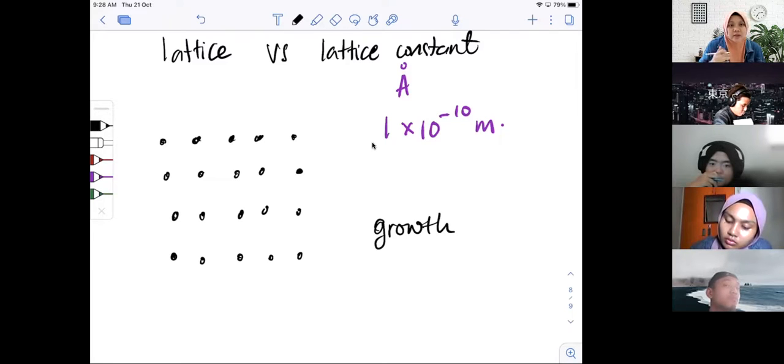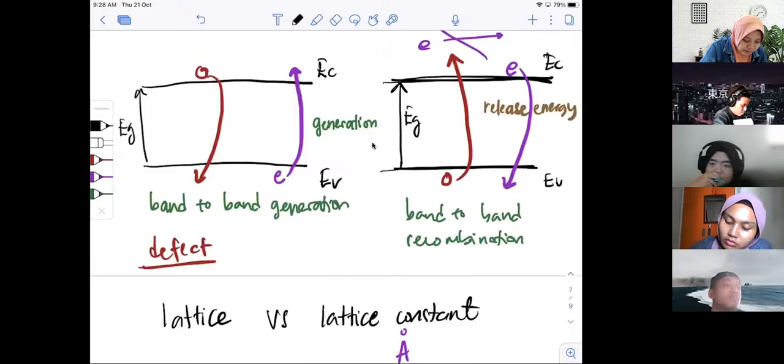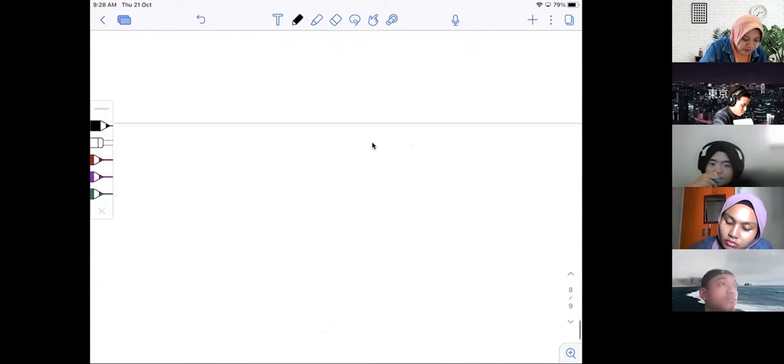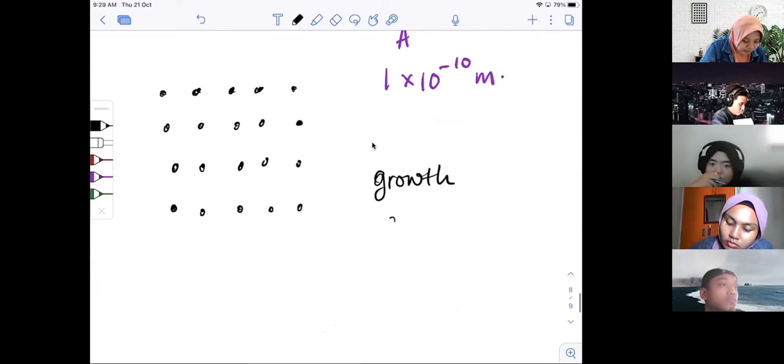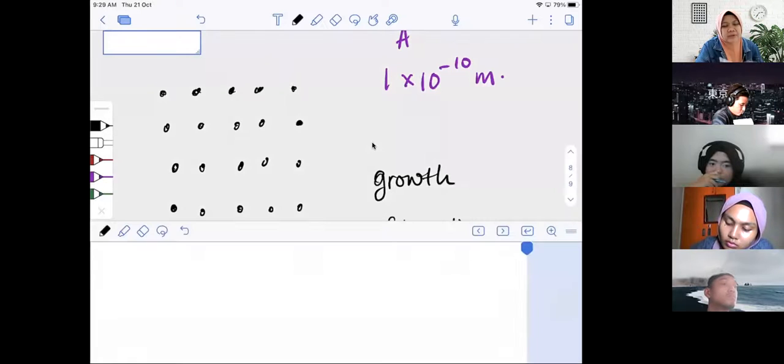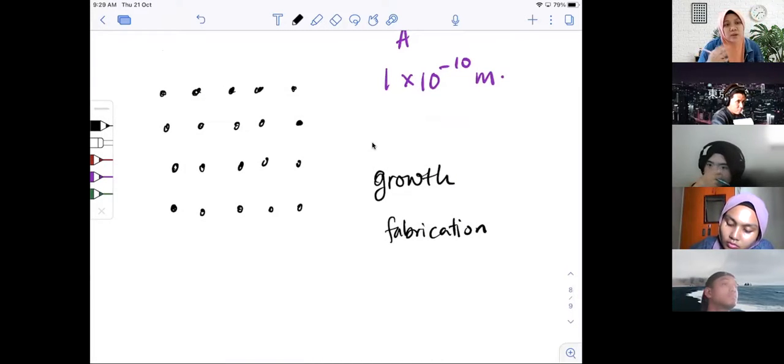Sometimes in silicon technology they call it fabrication, but fabrication is more specific, not only the growth. Fabrication can also mean that you put metal contacts on it.